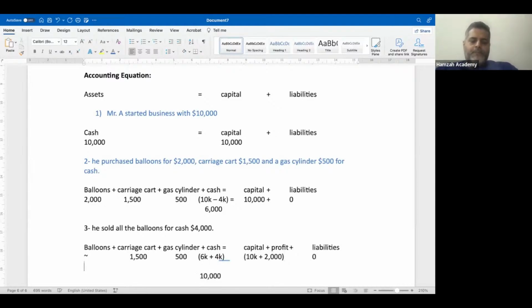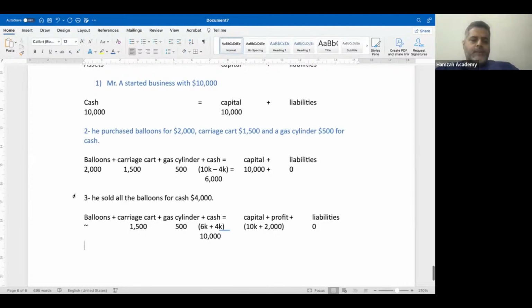So as far as the accounting equation is concerned, 10 plus 2 is 12,000, is equal to 12,000. Done.